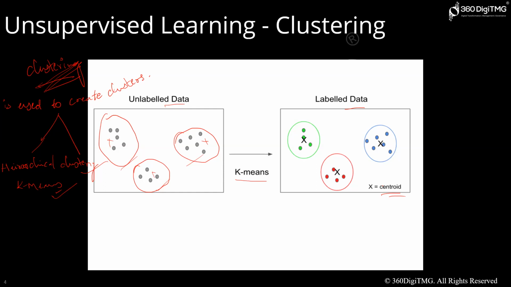So here, hierarchical clustering is a form of clustering which does not work when the data set is huge.